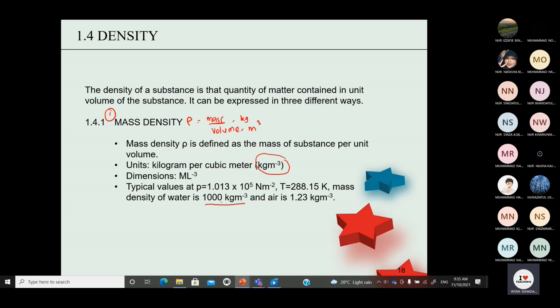Density of water, 1000 kg per meter cube, because this one is common. And density of air is 1.23 kg per meter cube. So this is the first type of density, mass density.